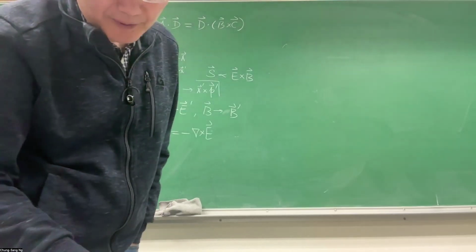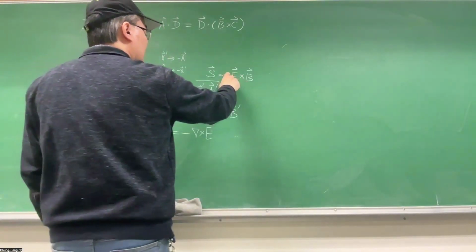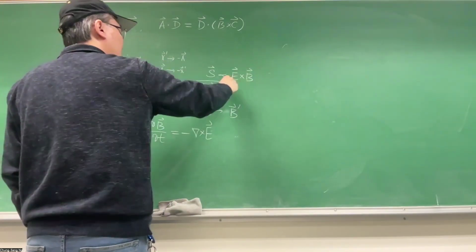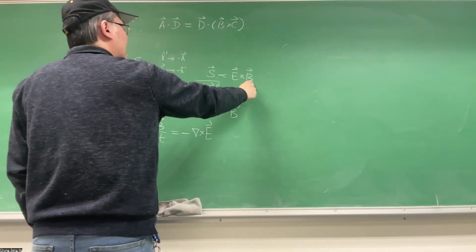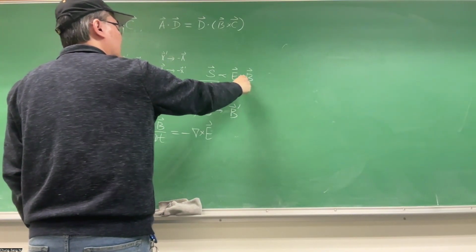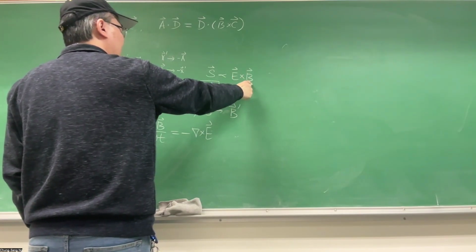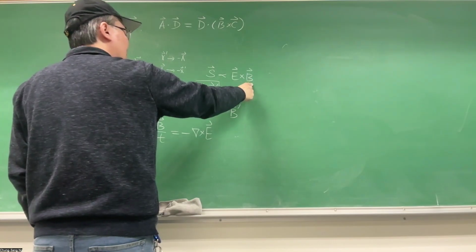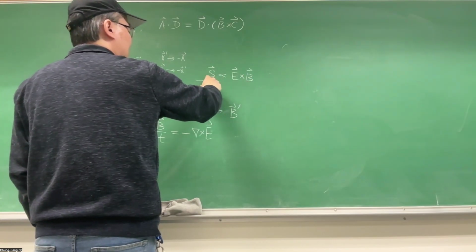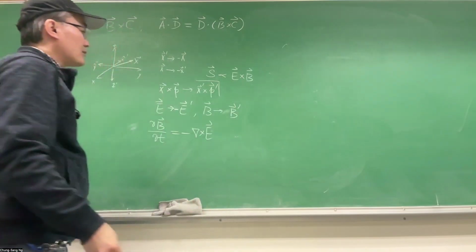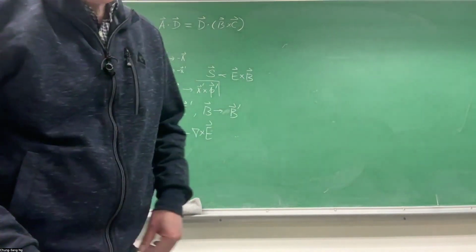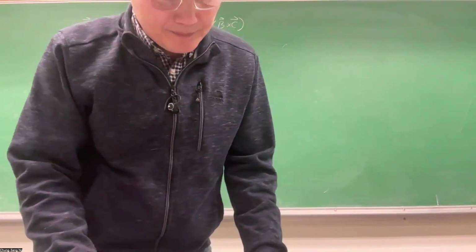There's a mu in here, depending on what medium. This is a vector, this is a pseudo vector, but there's a cross product. So with a pseudo vector already, this becomes a vector again. So S transforms like a vector.